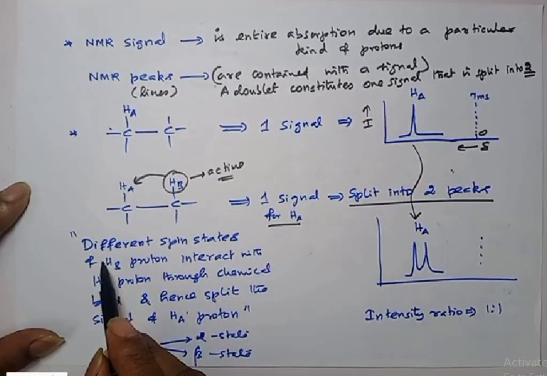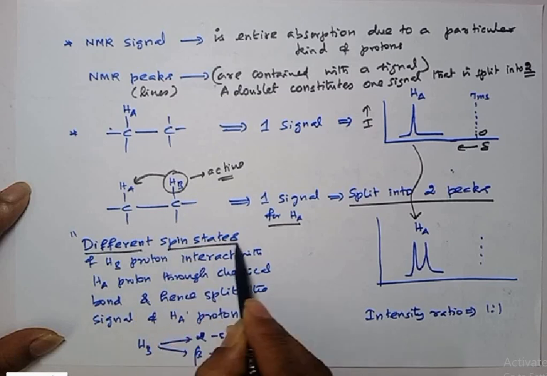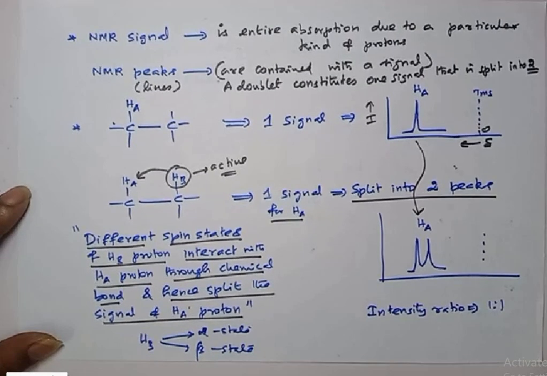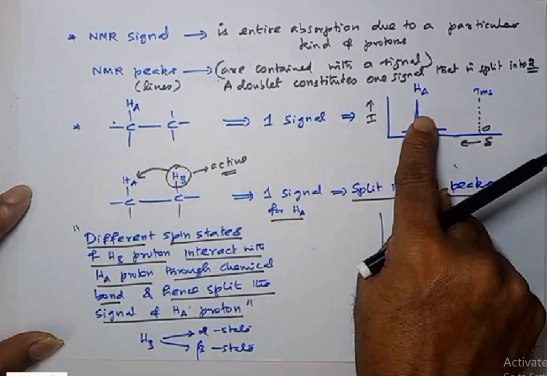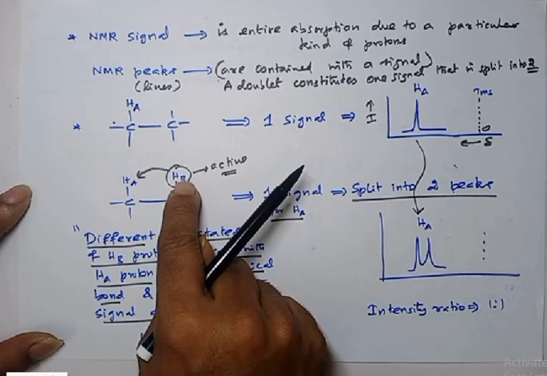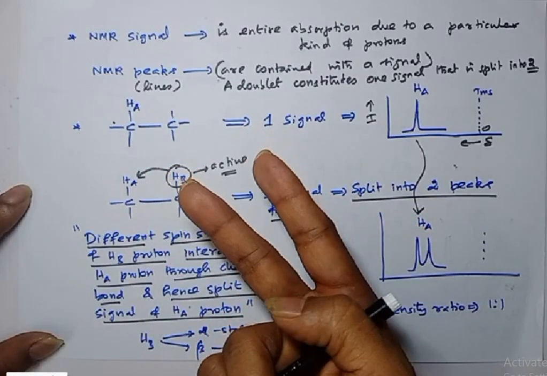Listen carefully. Different spin states of the HB proton interact with the HA proton through the chemical bond and split the signal of the HA proton. Why? Because the HB proton has two spin states.